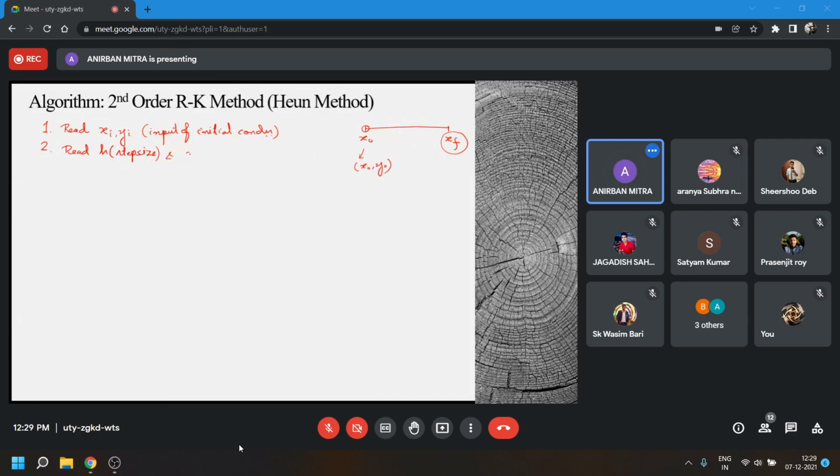And xf, we can say, is the upper bound of the solution domain or solution region. x0 has already been read, so the initial position is known. We have to know the final position. That can be read as input. So that completes the input part.